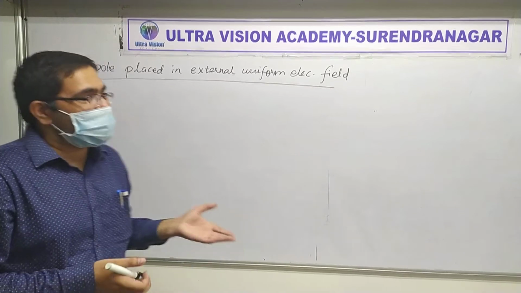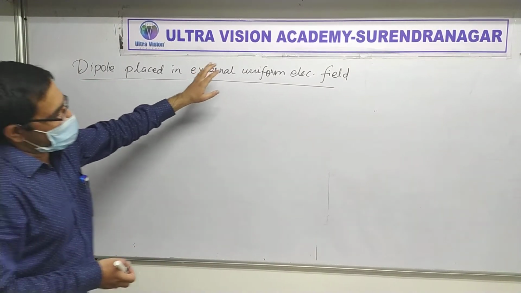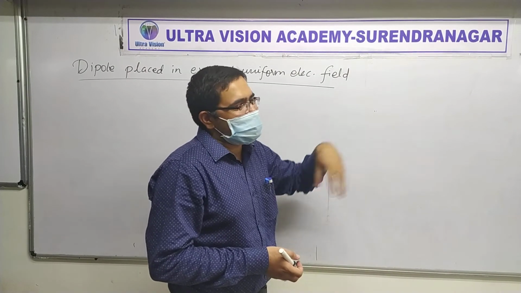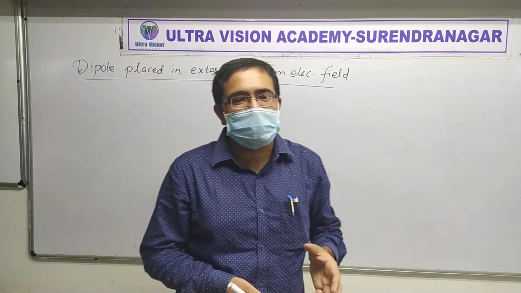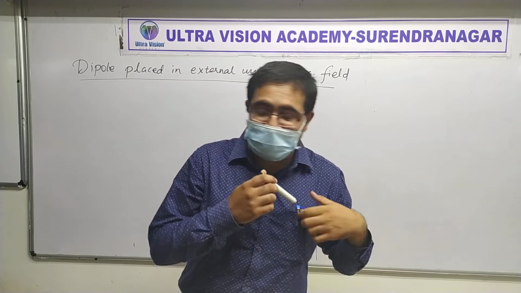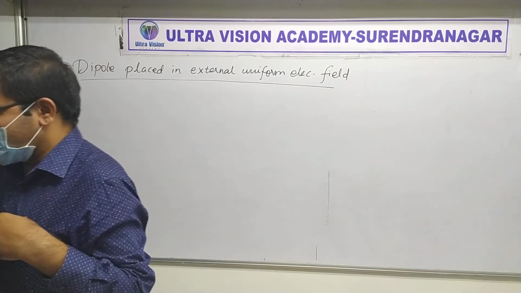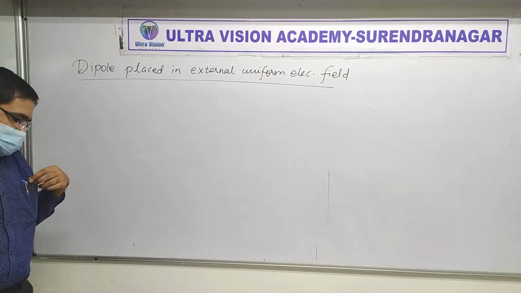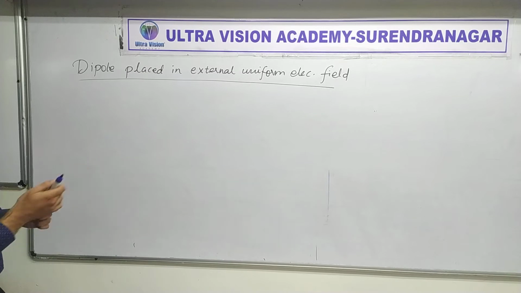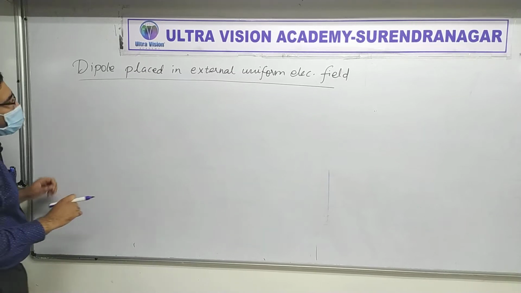So if some other thing has created a uniform electric field, and then inside that field we are putting the dipole. Situation is clear? If you have a question like how do we create a uniform field, that's in another chapter, right? How you can create a nearly uniform field. Not exactly uniform though, it's not possible.